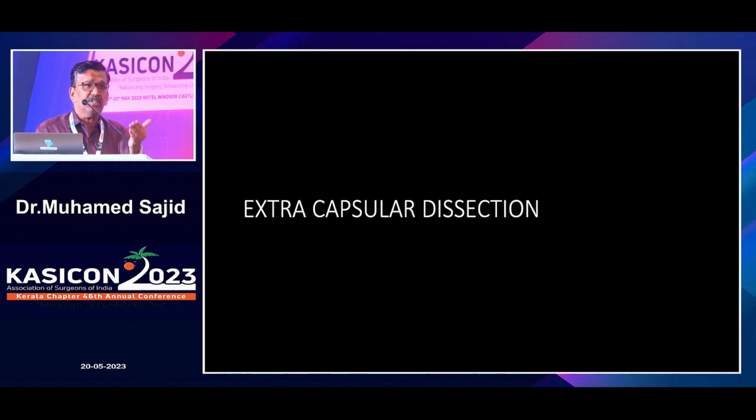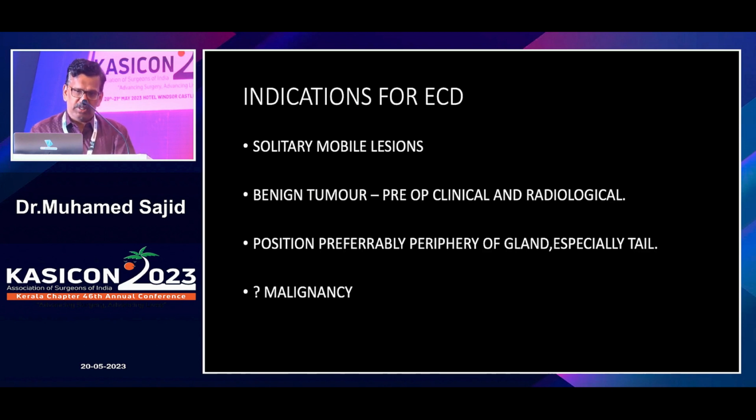So we will revisit what extracapsular dissection means and what the indications for extracapsular dissection are. Solitary mobile lesions, benign tumors detected by preoperative clinical and radiological diagnosis, and positions preferably in the periphery of the gland, especially in the tail.